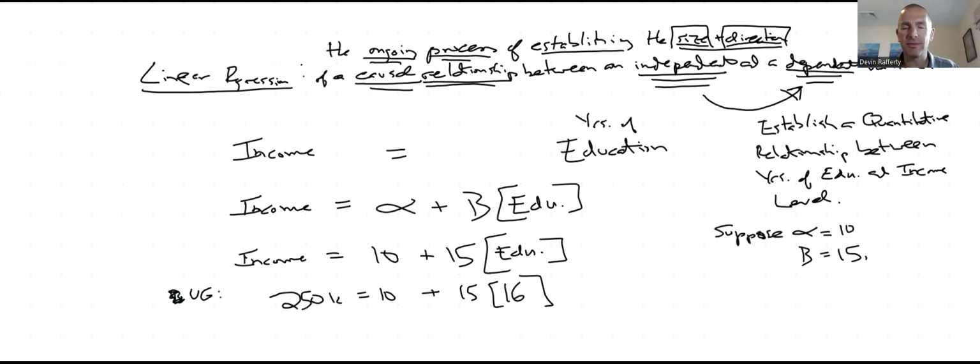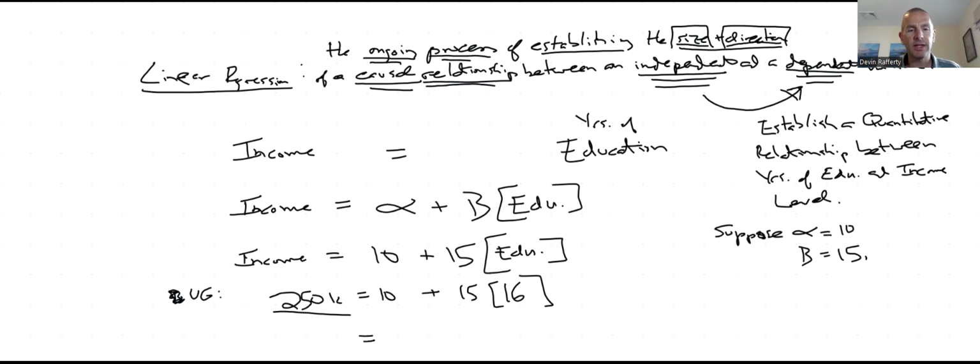Now, obviously, this is off. I'm just trying to highlight what a linear regression does, but that's what you would do. You could plug numbers in and actually estimate a value for the dependent variable.